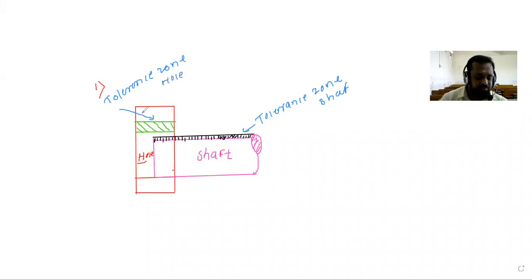Okay, now see here. This is called the upper limit, and this is called the lower limit. Again, it is the upper limit for the hole and the lower limit for the hole.